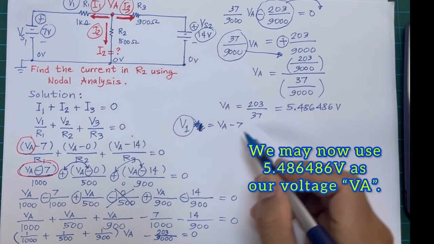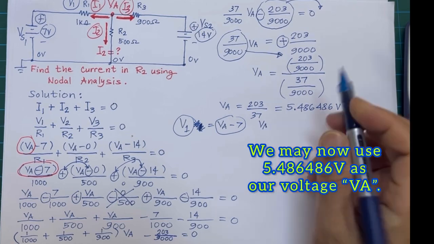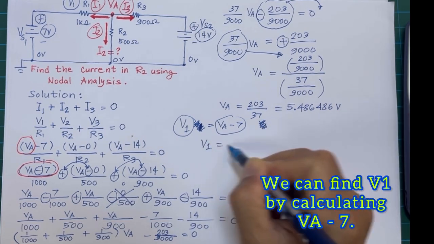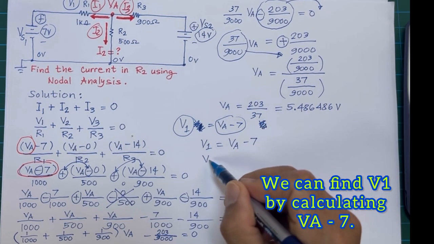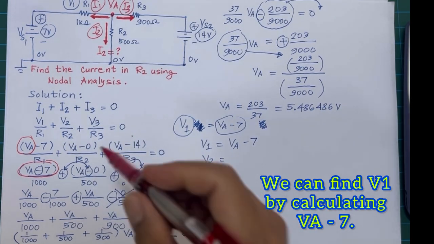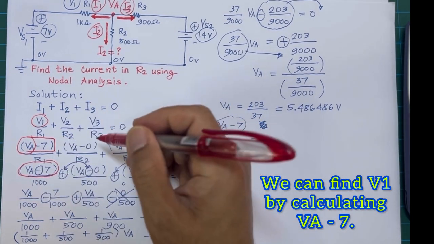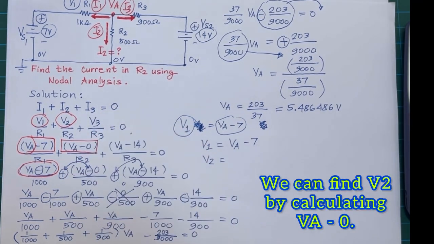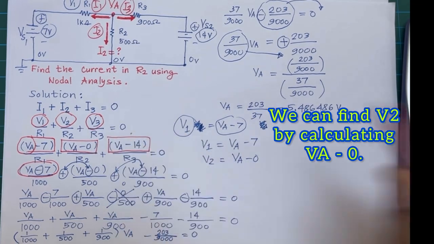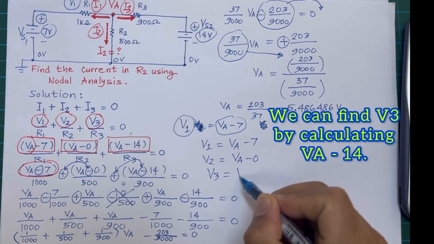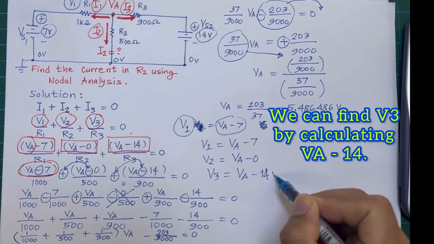We may now use the answer as our voltage VA, and so we have V1 equals VA minus 7. V2 would be VA minus 0. We don't need to write 0, but I'll write it to make it clear. V2 equals VA minus 0, and V3 equals VA minus 14.